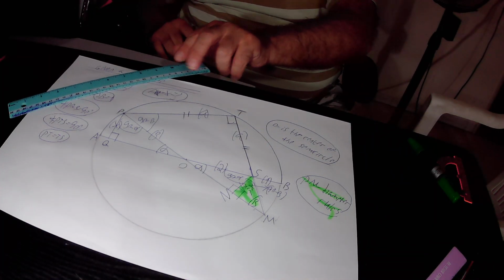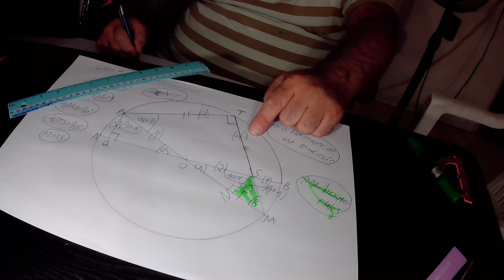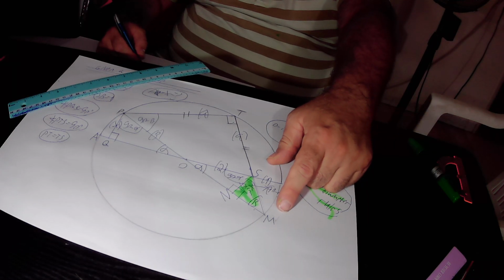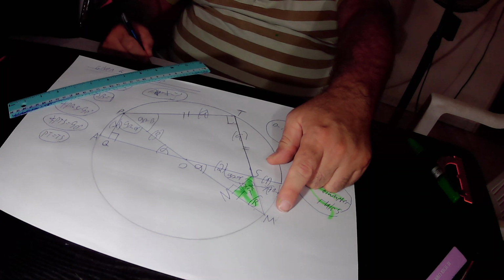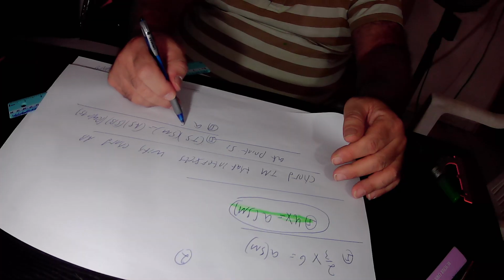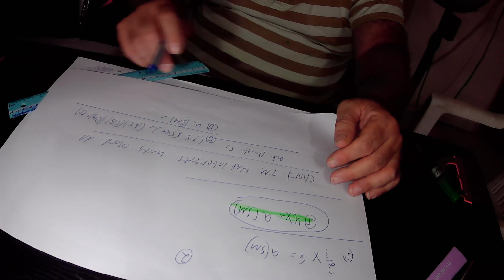According to our definition, TS equals A, times SM. SM is the missing side, so we leave it as it is. So on this side of the equation we have A times SM, which equals AS times SB.